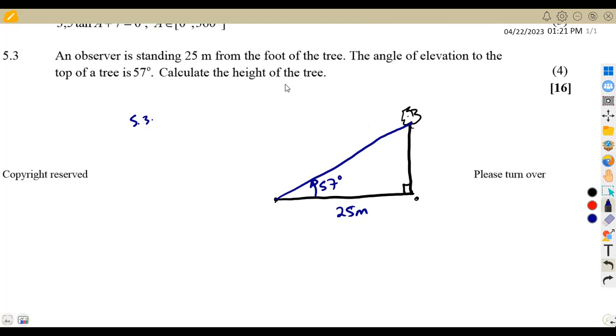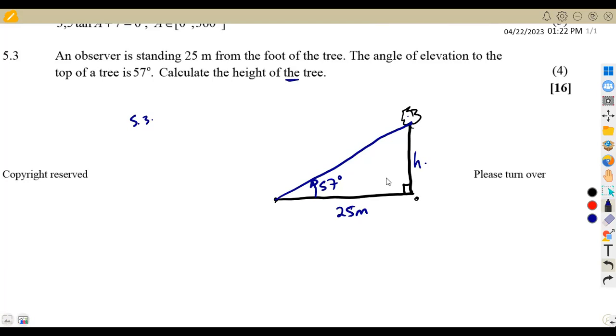The question is to calculate the height of the tree, which is actually the perpendicular height because it meets the horizontal line at 90 degrees. So you need to calculate h, the perpendicular height of the tree. Which concept? By just drawing this triangle, you ask yourself, what type of triangle am I having?